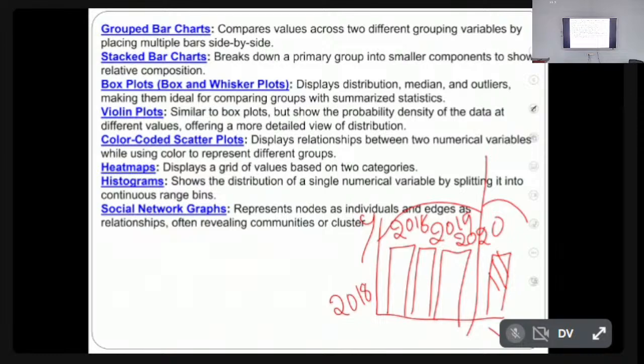You know what a median is, right? It displays median values for comparing groups with statistics. So here we deal with different statistics.